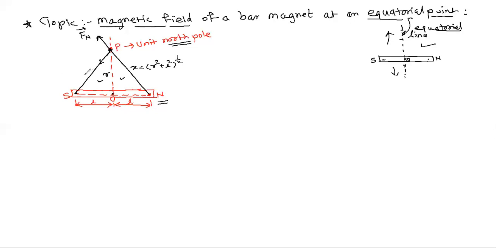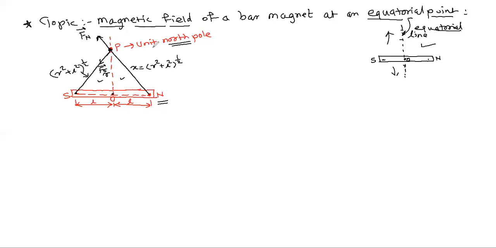Similarly here also I will get (r square plus L square) raised to 1 by 2. Very simple. Now let these be Fn and Fs, that means the force due to the south pole towards SP. Okay. Now let me write this one first.